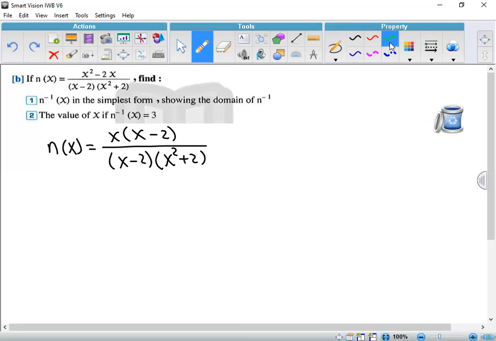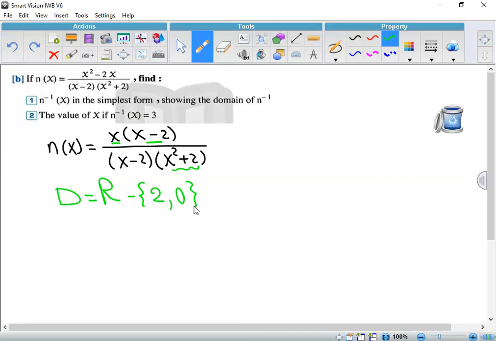We say the domain equals R without what? 2 from the denominator, this is having zeros. x power 2 equals negative 2, negative 2 having no square root in R. And x equals 0, we take it before.